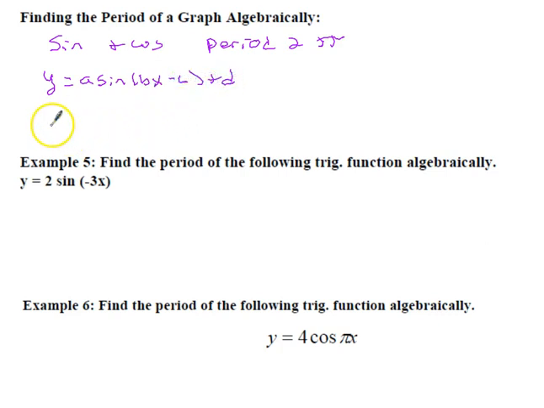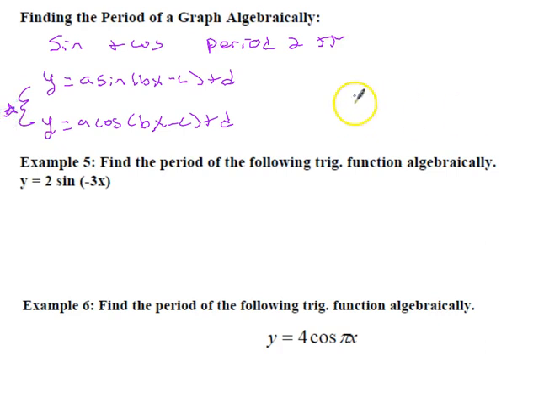And we'll talk about what all these letters mean. You should at least know what one or two of them mean now. And we're going to talk about what the other parts mean too. So cosine would be y equals a cosine(bx minus c) plus d. And these are the general form, or the standard equations, for a sine and cosine graph.